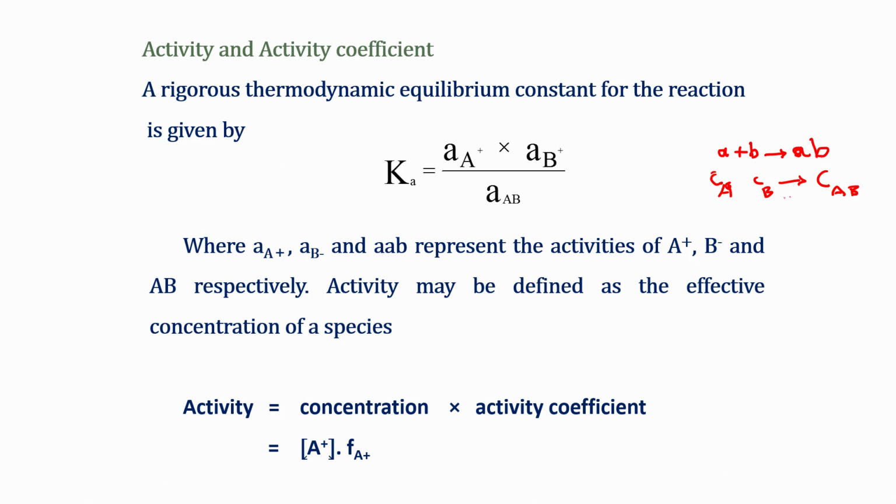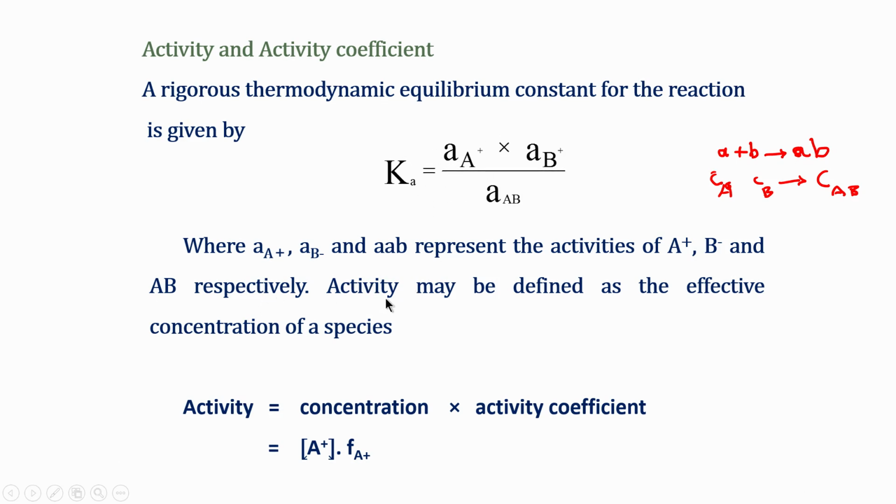So, instead of writing Ca, I am going to write Aa, that is, instead of concentration of A, I am going to write activity of A into activity of B divided by activity of AB. So, here these things represent the activities of A plus and B minus and AB respectively in this equation.